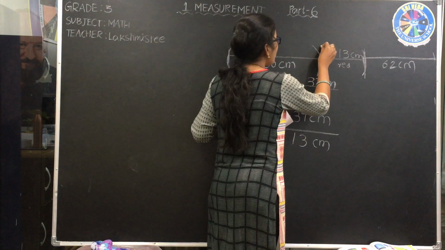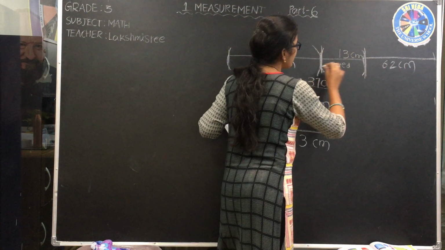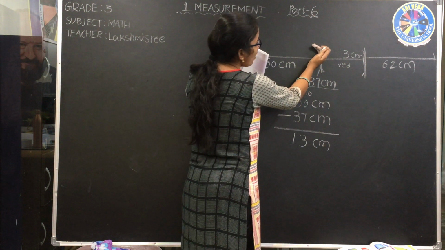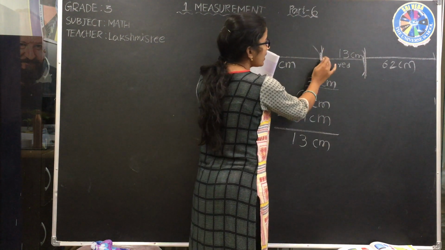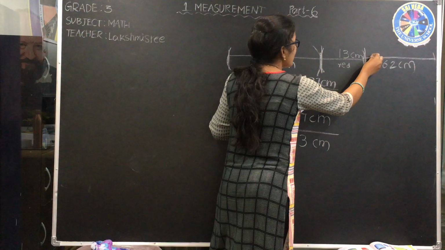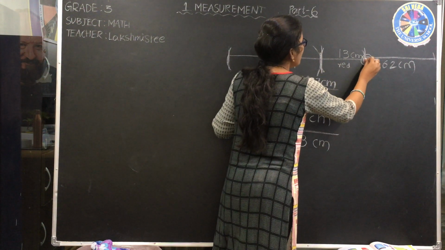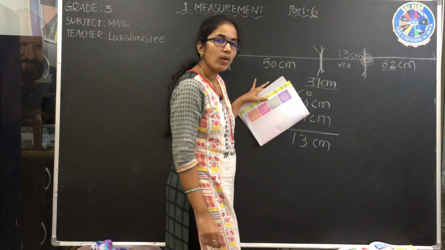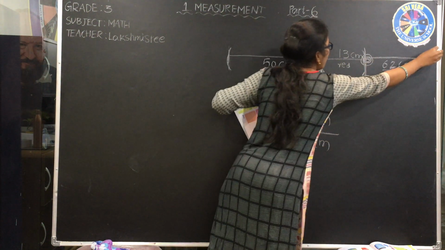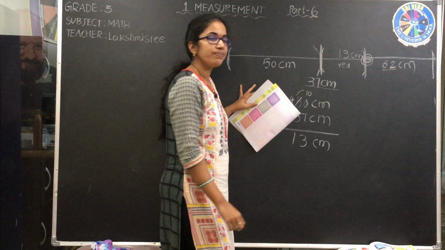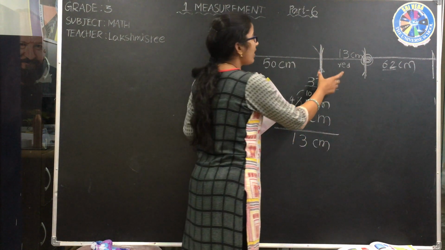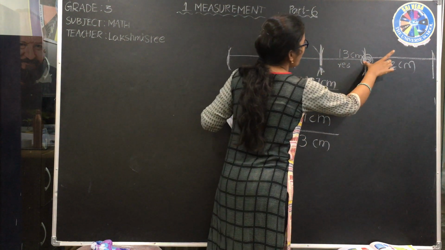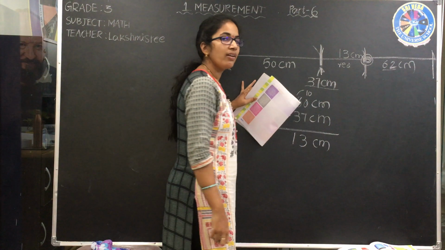Okay, children. Now we have this 13 centimeters because this was already used. 13 centimeters left. For this he added 62 centimeters of green ribbon. Now what is the length of this ribbon? We have to find out. Okay. So to find out, 13 centimeters plus 62 centimeters.